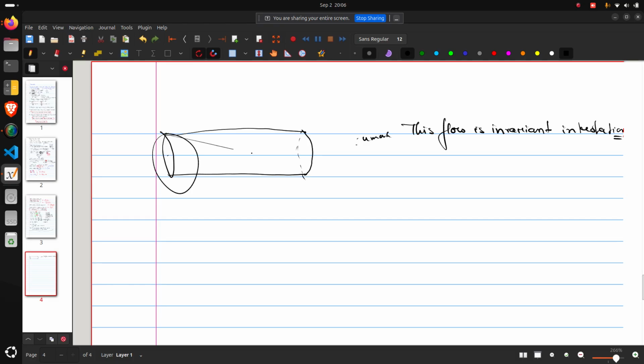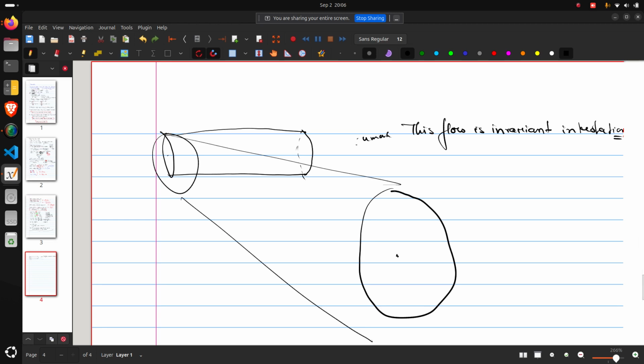If this is the whole cross section of your pipe and this is the center, you can just simulate this particular section.